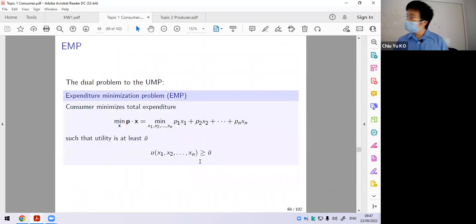And the next one is the expenditure minimization problem. Just as I said, instead of moving the utility function, you are moving the budget line. And again, you will take this utility as given, because you set it arbitrarily.